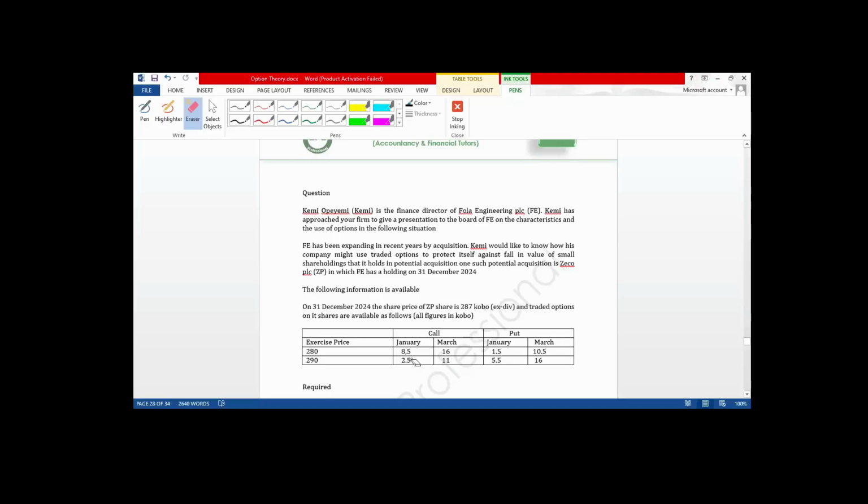Now the figures inside here are the premiums. If you buy a call option for January with exercise price 280, you are going to pay a premium of 8.5. For March, call option, premium of 16.